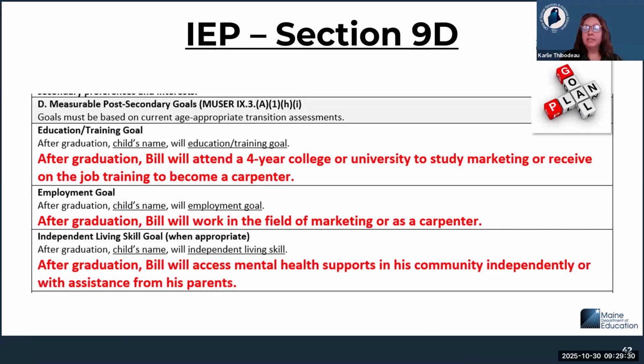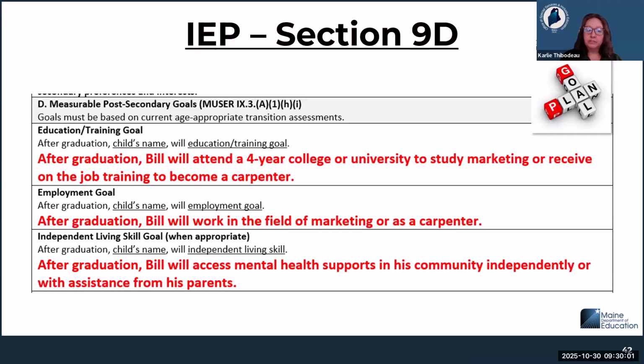So we've got Bill here, and he plans to attend a 4-year college or university to study marketing or receive on-the-job training to become a carpenter. So he's got a couple of things he wants to explore, and they're both included here, and that's completely okay. And then his employment, you can see, is aligned to that. He will work in the field of marketing or as a carpenter. So maybe Bill's a freshman and this is what he wants to do now, but he could change his mind and want to do something different later.